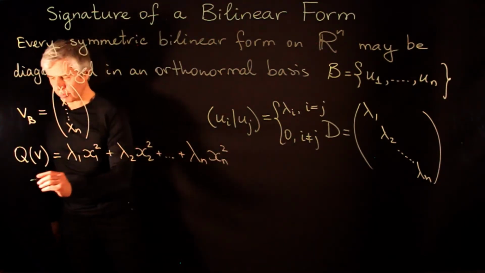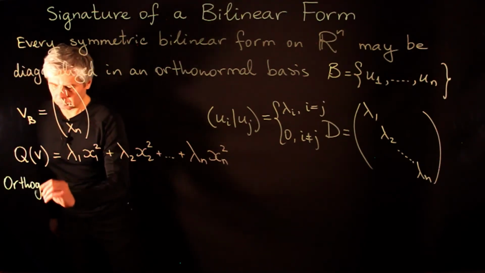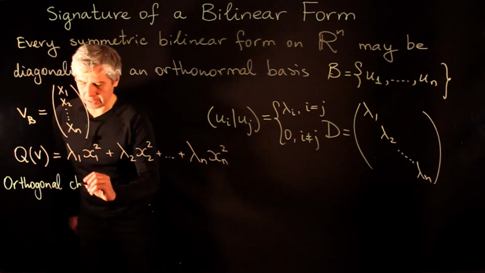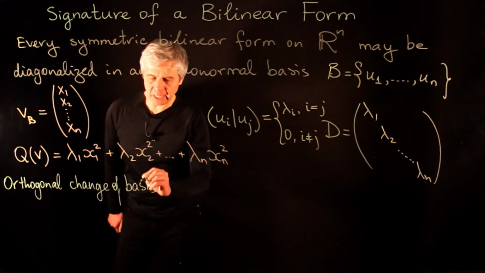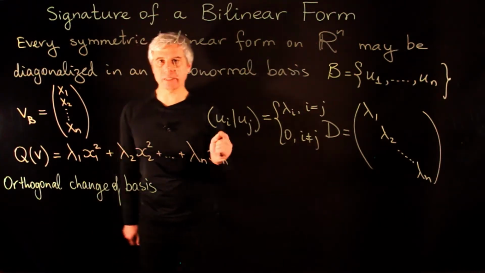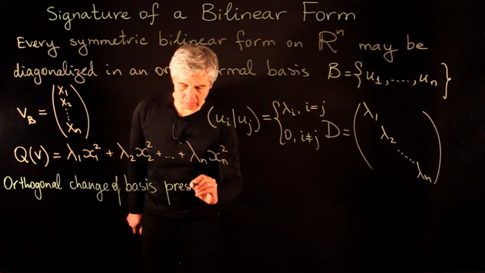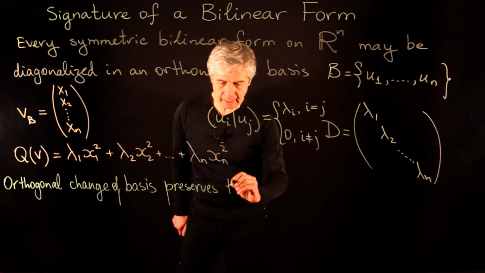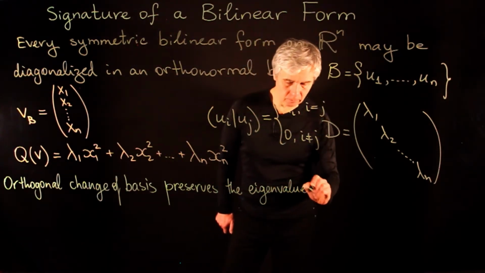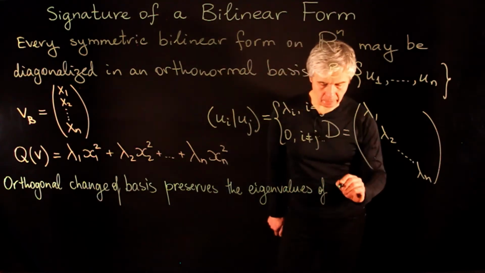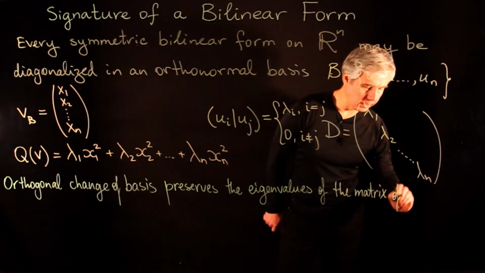What we saw in our previous lecture is that an orthogonal change of basis, so when we change basis from one orthonormal basis to another orthonormal basis, preserves the eigenvalues of the matrix of a bilinear form.